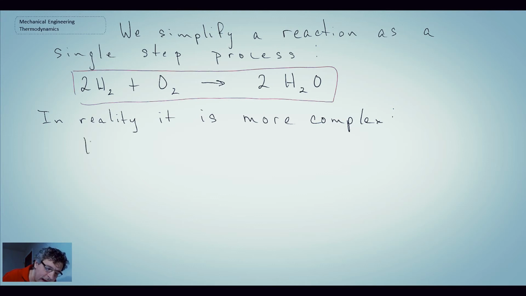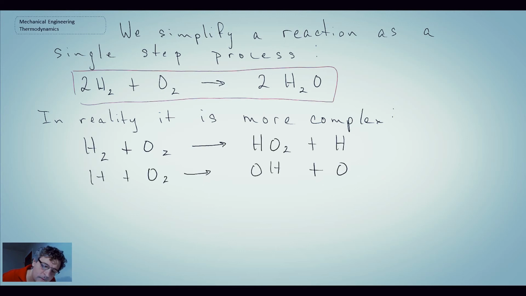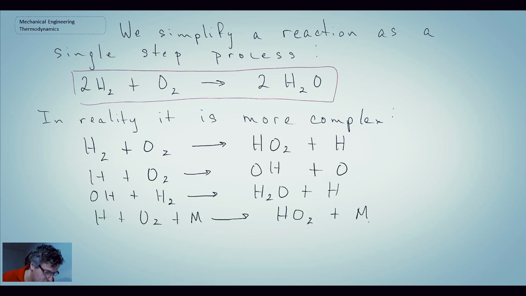In reality, what happens is we have the H2. There are actually a number of reactions. So you start to get the picture that it gets more and more complex. We have intermediate reactions going on.